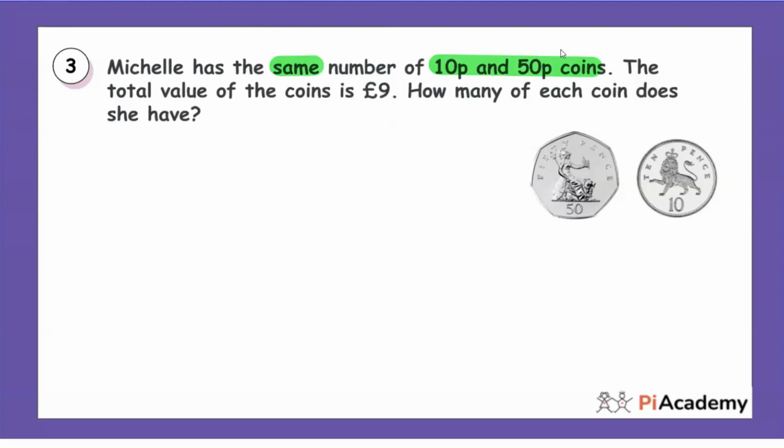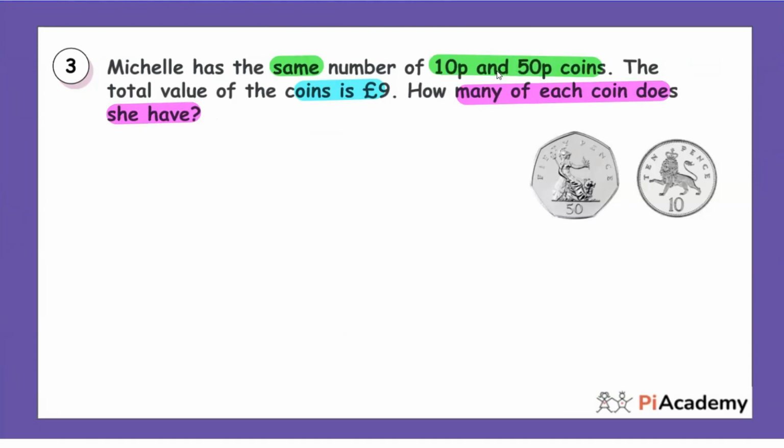In the next line, they told you the total value of the coins is £9. So you know the total, you know the variety of the coins. Now the question is how many of each coin does she have? You already know 10p and 50p, but the number of coins you have to find, okay?